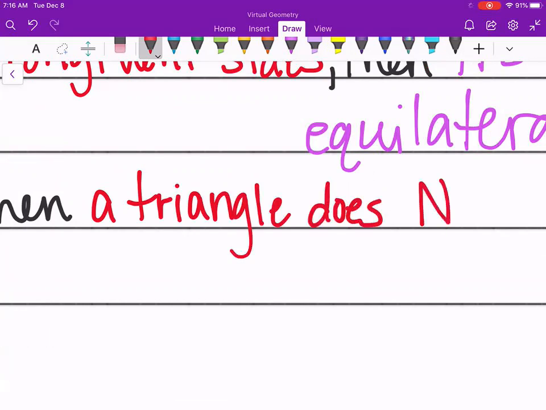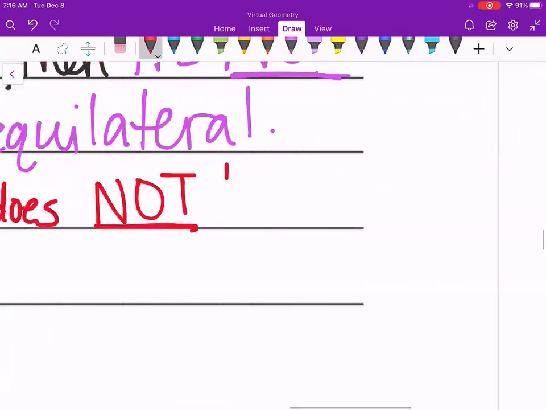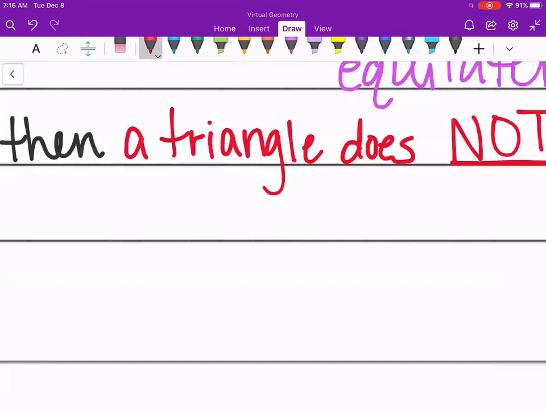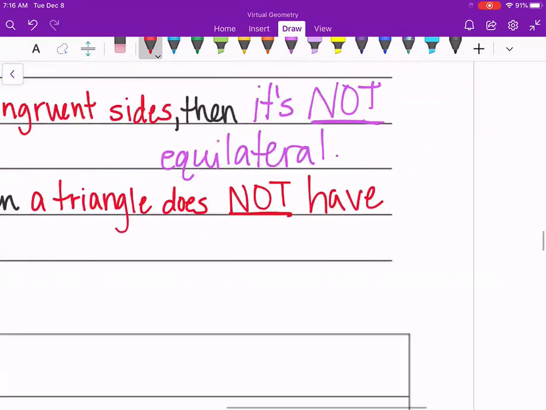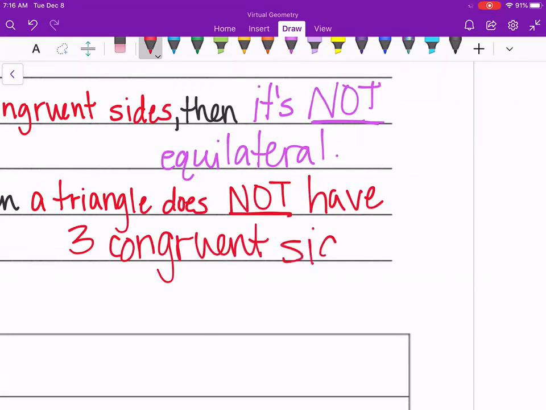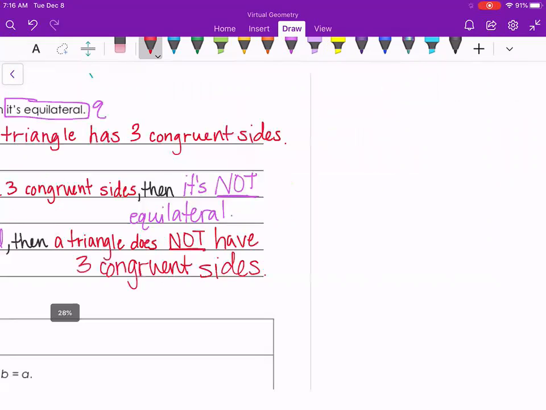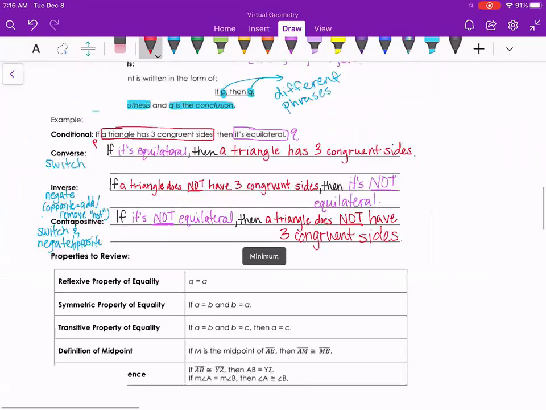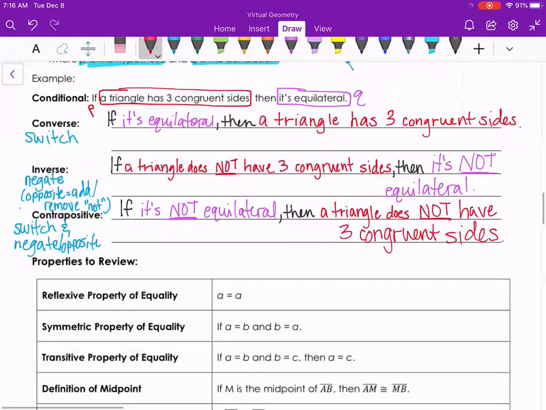And again, there is our negation for that part. Okay, so now we can see as a whole, if it's not equilateral, then a triangle does not have three congruent sides.